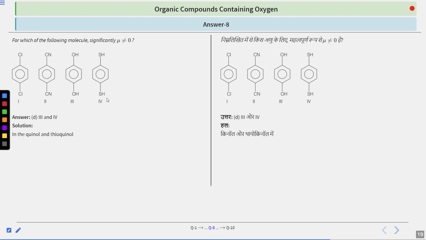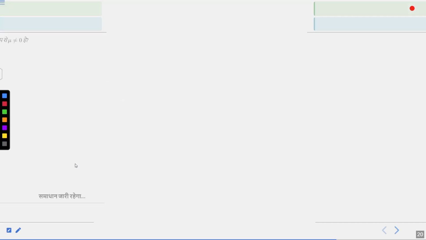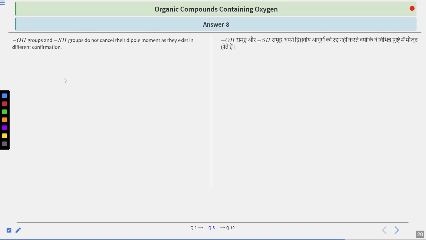So in these two structures, the OH groups and SH groups do not cancel their dipole moment as they exist in different conformations. Okay, because their conformation can be different. So due to the presence of these two groups, they do not cancel their dipole moment.